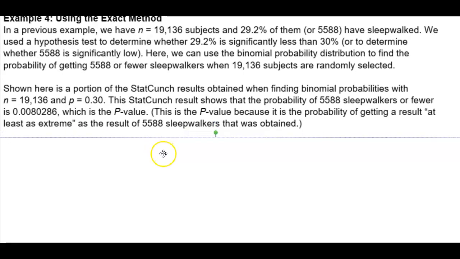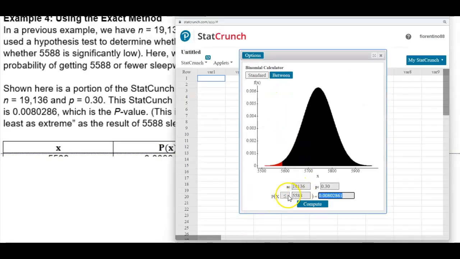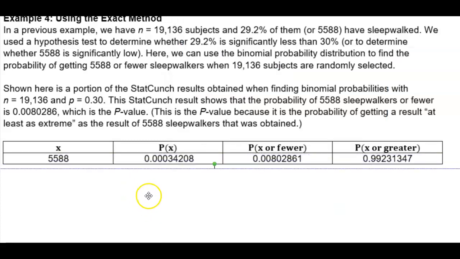Now, let's take a look at when we would have exact, or fewer, or greater. When we want to find the exact value, we would put equals, and we get 0.003428. So that gives us the exact amount.